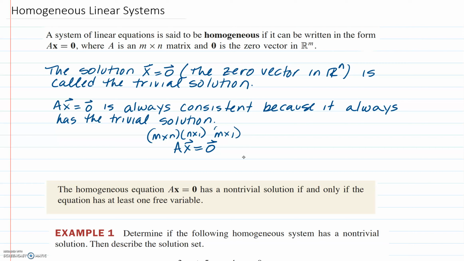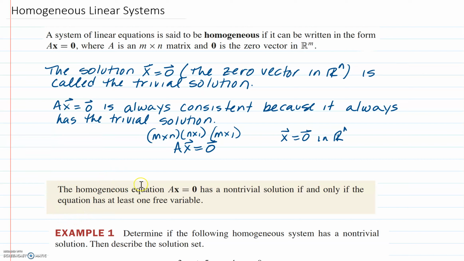So these are two different 0 vectors. x is equal to 0, which is in Rn, and this 0 vector is in Rm. It all makes sense.